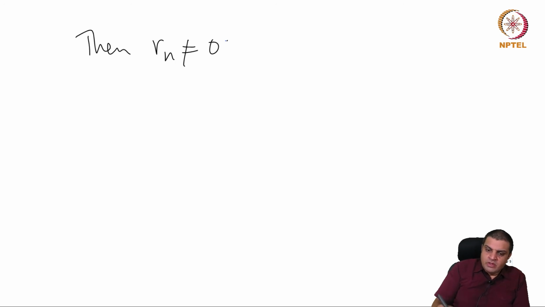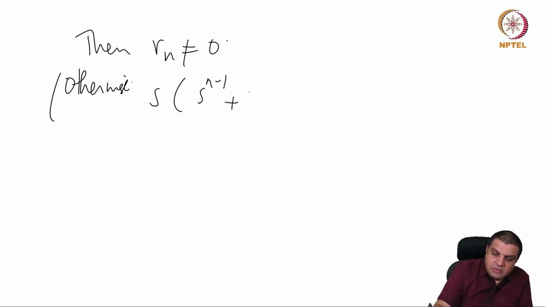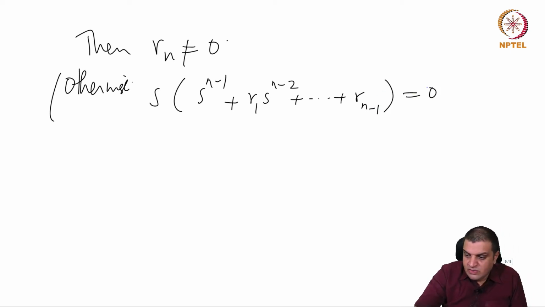Why? If r_n is 0, we can rewrite the equation as s times (s to the n minus 1 plus r_1 s to the n minus 2 all the way up to r_{n minus 1}) equals 0.